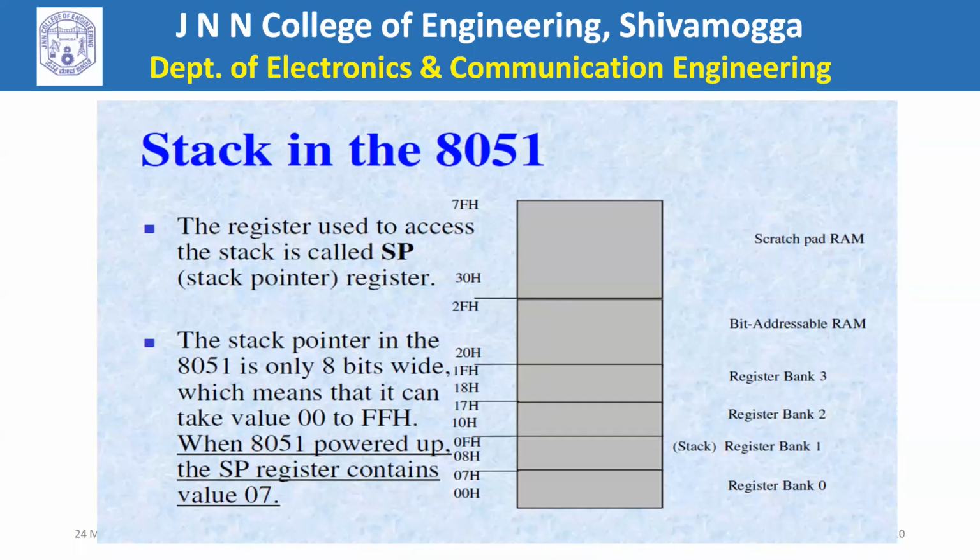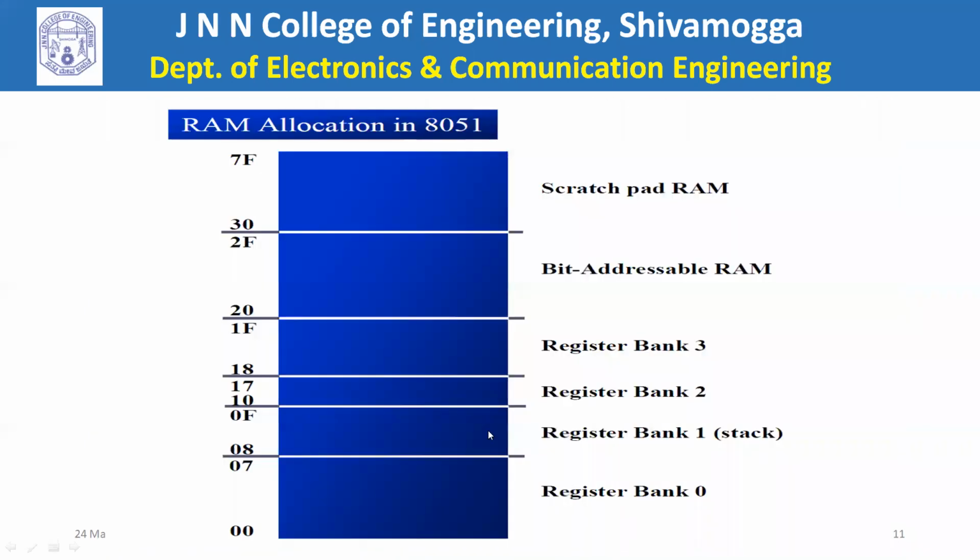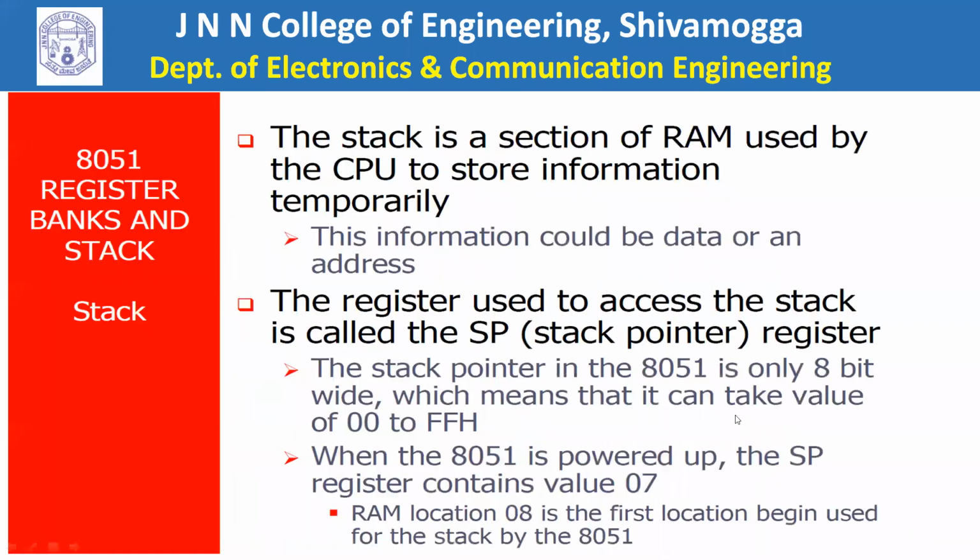That is why your stack pointer register, which is of 8 bits, always points to 07 when 8051 is powered up. You can see here, register bank 1, in the bracket it is written stack. So 07 to 0F. This is the RAM allocation I have already shown.